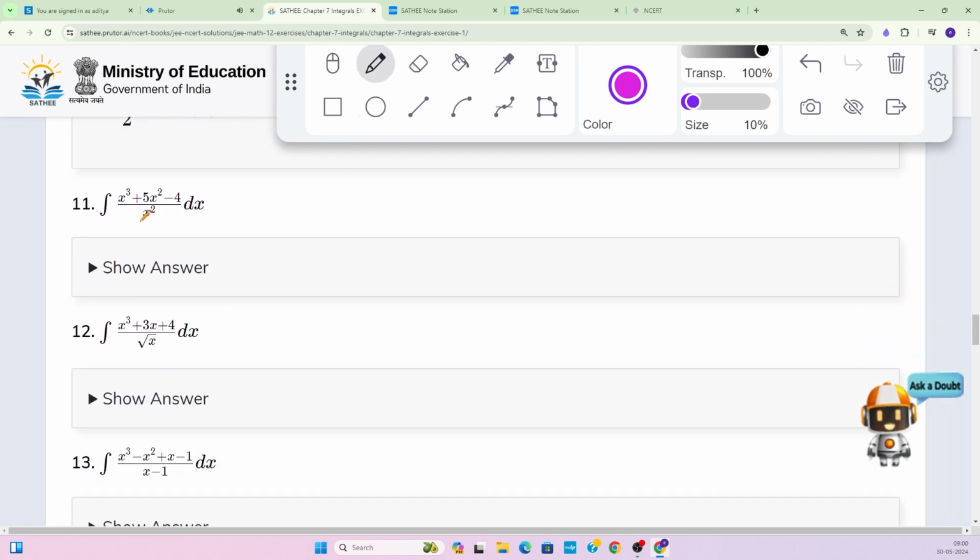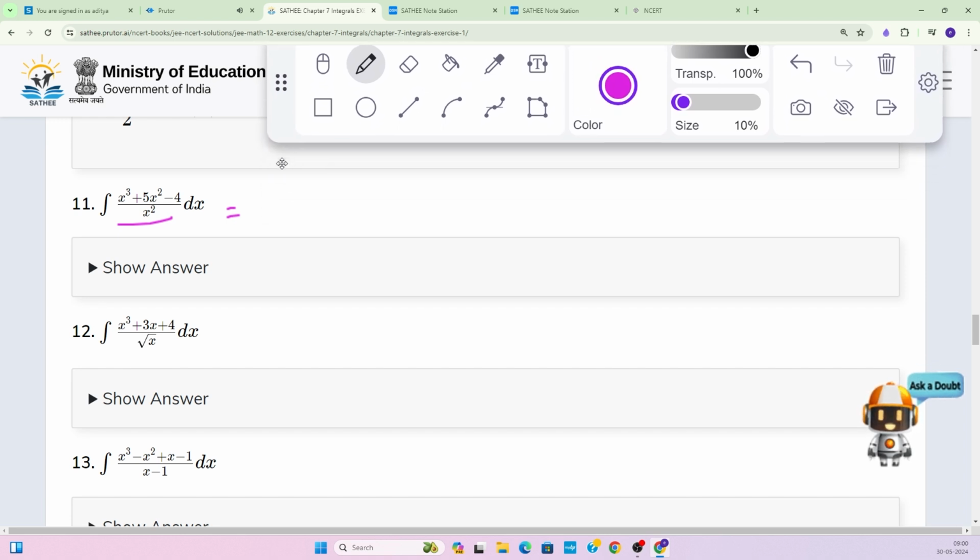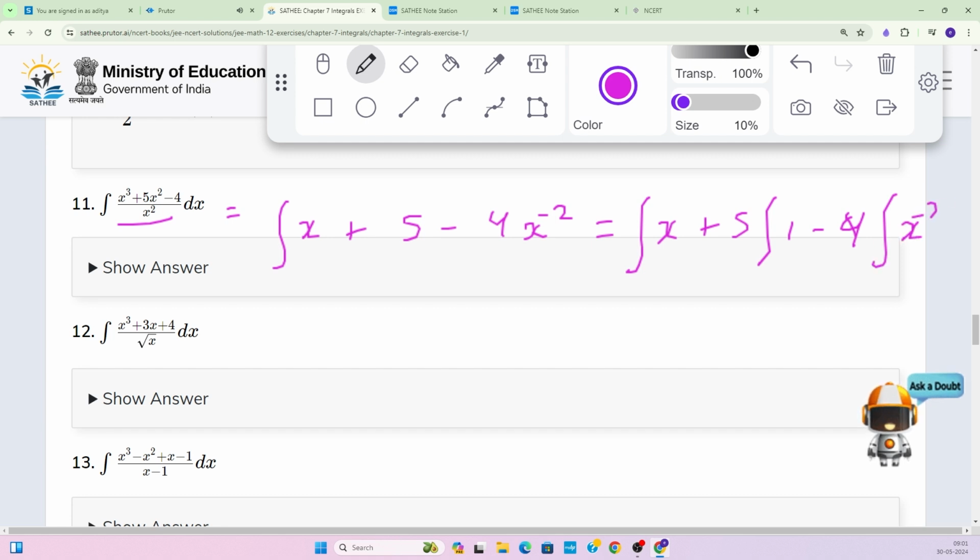Okay. Now, first of all, simplify the inside terms. You will get integration of x plus 5 minus 4 by x square, and 4 by x square can be rewritten as 4 x power minus 2. Okay. Now separate them. You will get integration of x plus 5 times integration of 1 minus 4 times integration of x power minus 2.